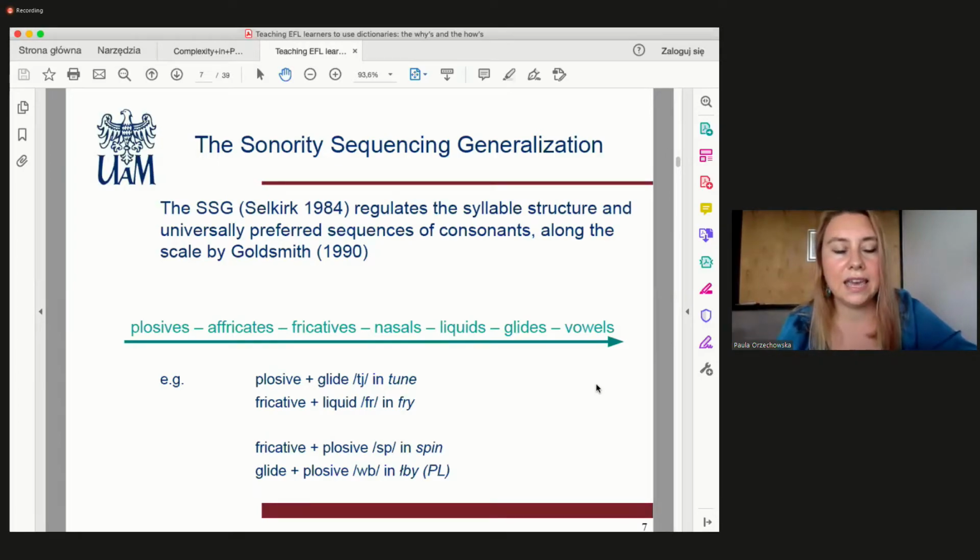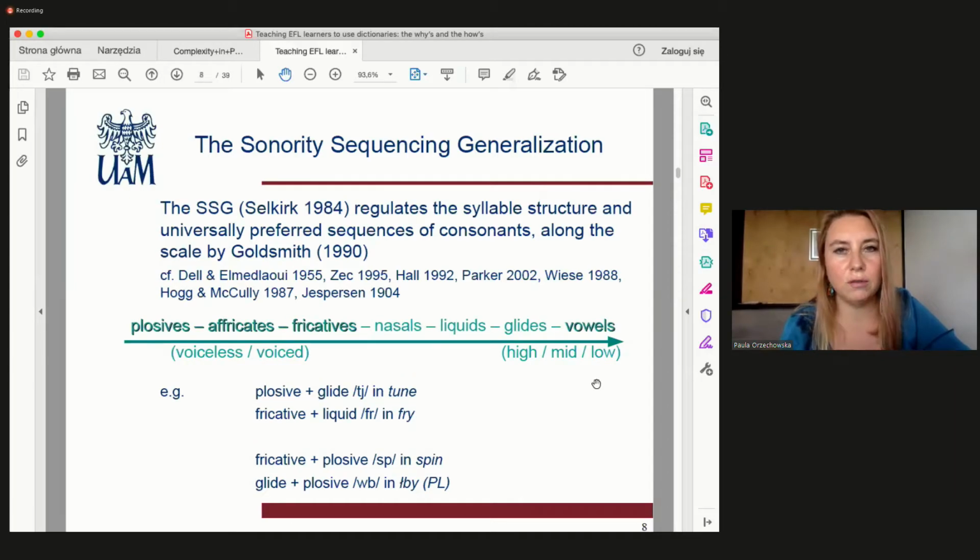Basically, as you can see here, we have a 7-member scale, which has been very frequently used in the study of languages across the world, also Polish, but that's the one taken from Goldsmith. But then when you look at the literature, which is really vast, there are almost as many scales as authors, right? So ranging from really 3 classes to 16 classes.